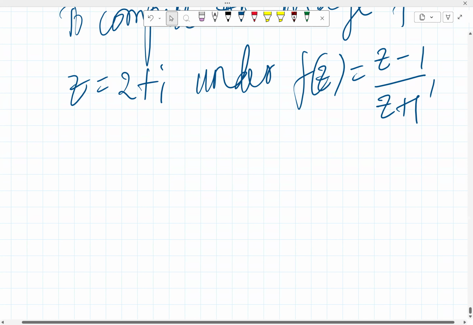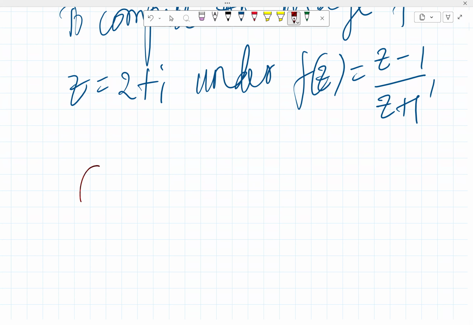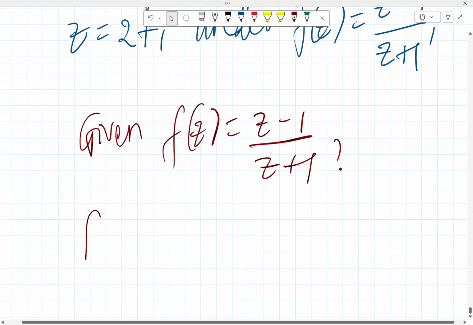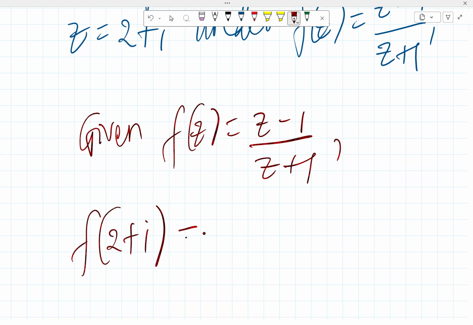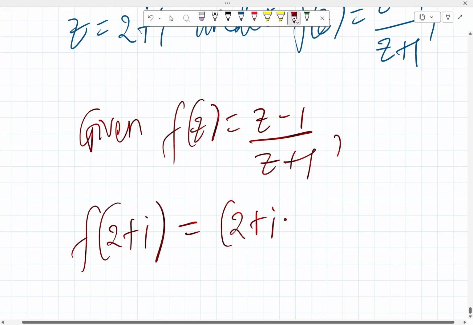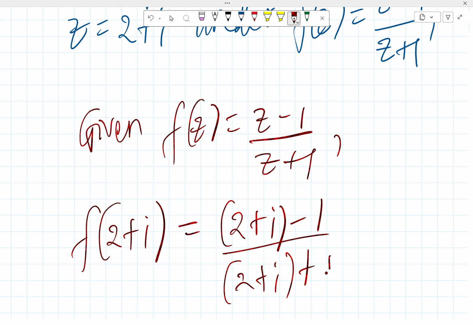First of all, given f of z equals z minus 1 all over z plus 1, then f of 2 plus i is equal to 2 plus i minus 1 all over 2 plus i plus 1.